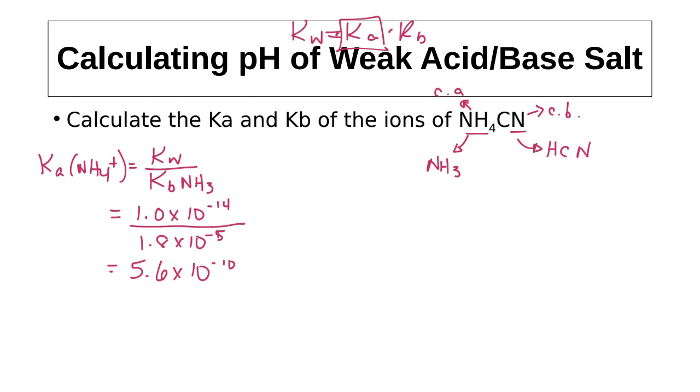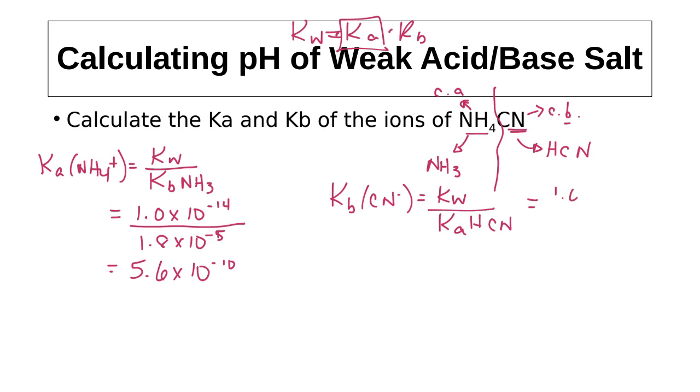Now we have to do the same thing. So we sort of split it in half. We have to do the same thing now for the cyanide ion. The cyanide ion is the conjugate base, so we have to calculate the Kb for the cyanide ion. And we're going to take Kw and divide it by the Ka of its acid, which is HCN.